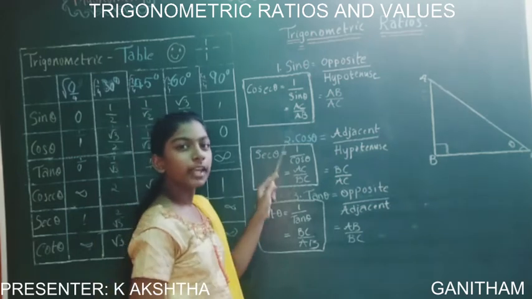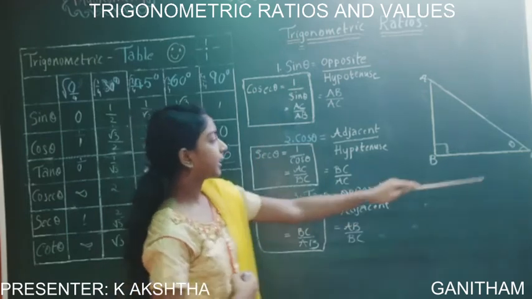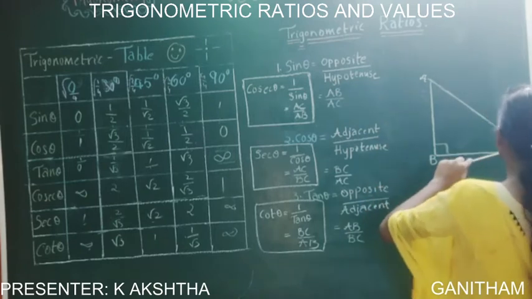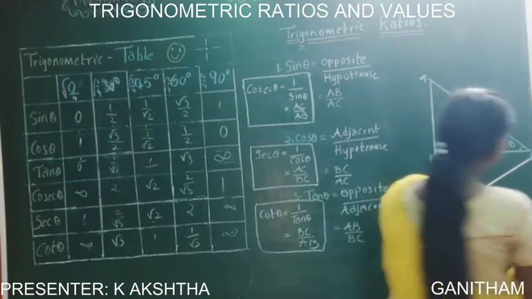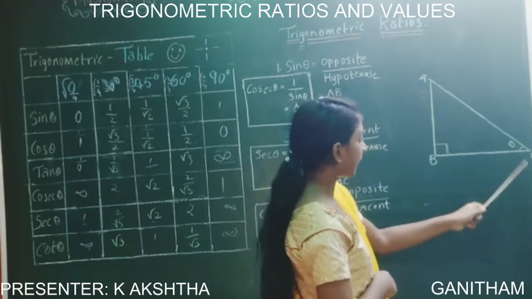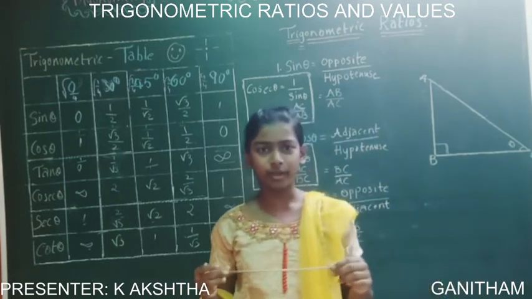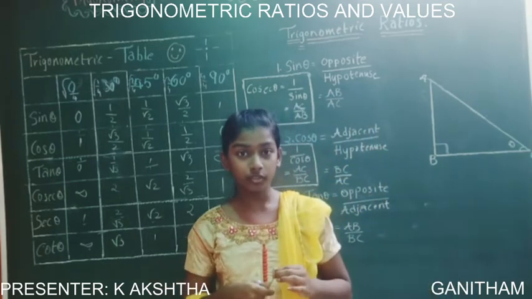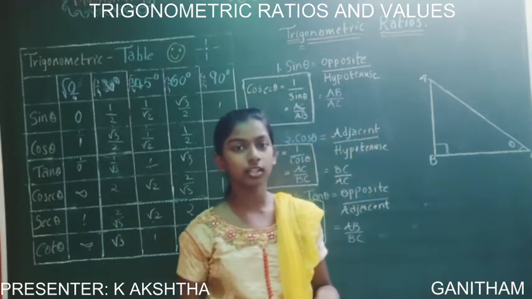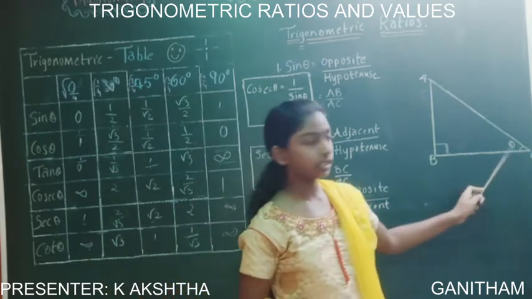See here, first of all we have sin theta. If you take a right angle triangle, let us think the angle between two lines at point C is theta. Theta is nothing but a variable like x, y and so on. Please don't get confused and think, oh my god, theta came again. Theta is just a variable used to denote an angle.